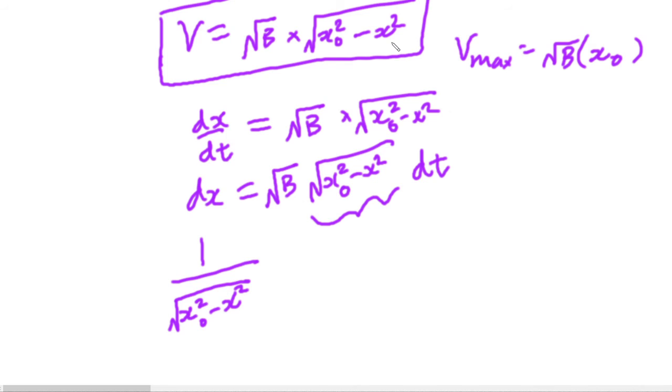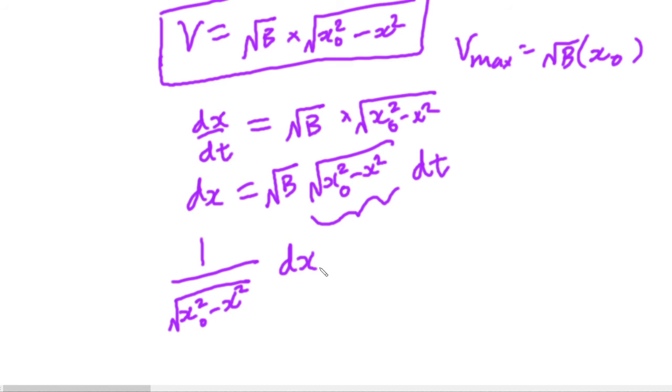So you can think of this particular square root as the proportion of v max that the body is currently moving at. If v max was 1, it would be like, oh, we're at 50% speed because this square root is at 0.5 value. Anyway, that's a bit of a side note.